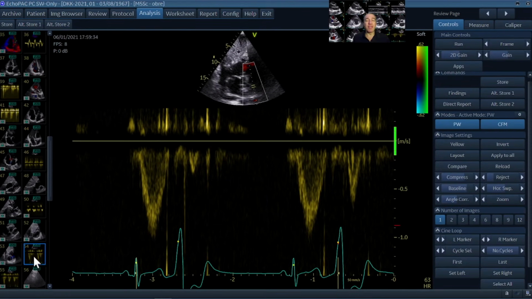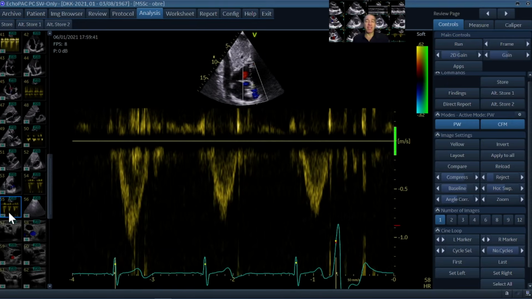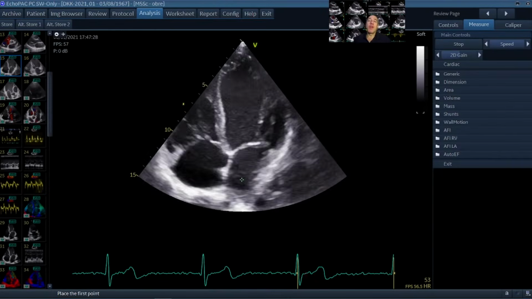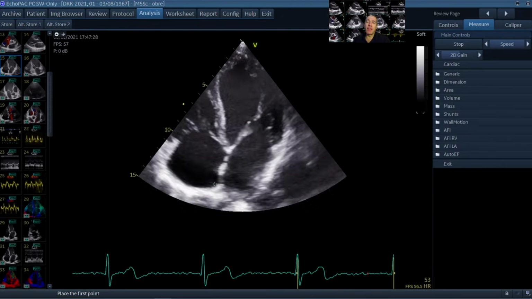Of course, this is also a good place for placing a Doppler signal, either by pulsed wave or by continuous wave imaging.